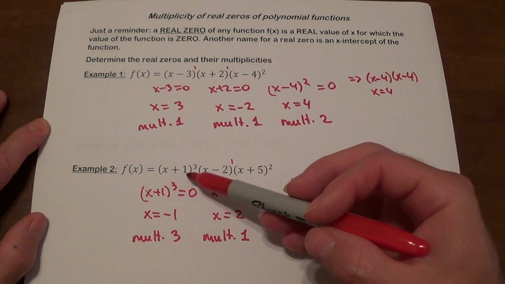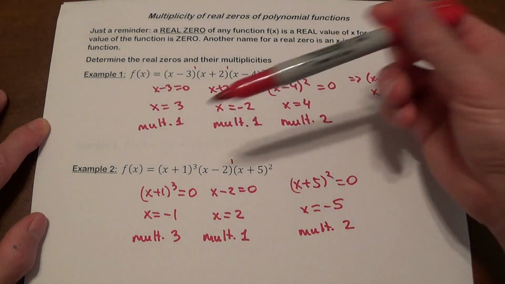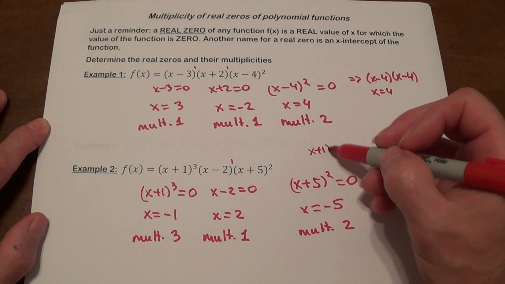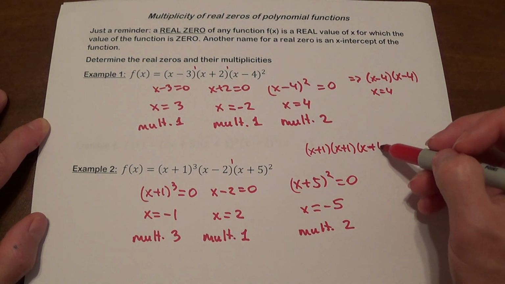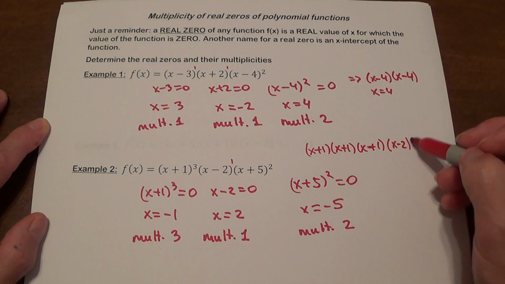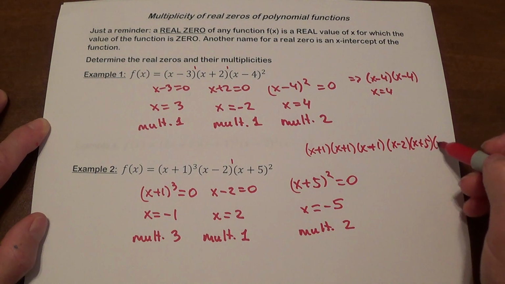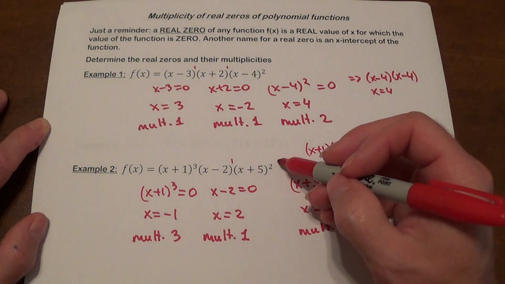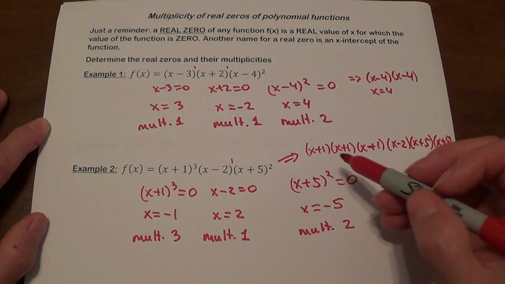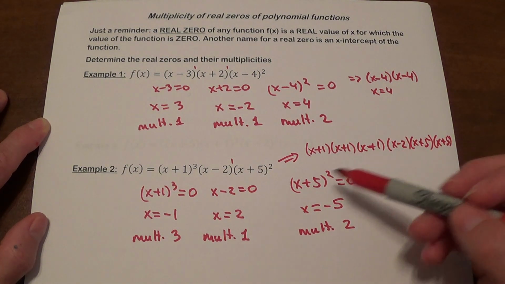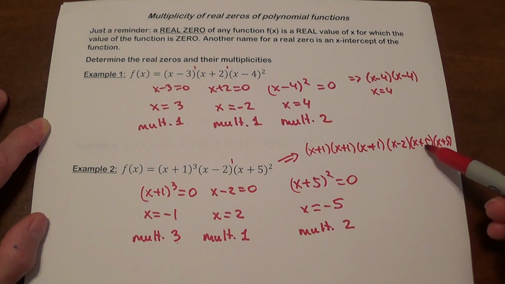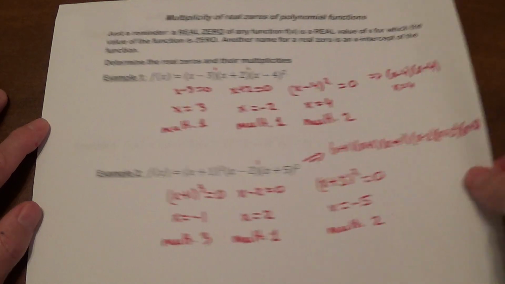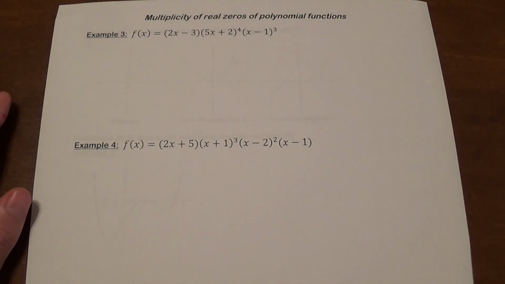So if you were to write it out without the exponents, you're going to have to write x plus 1 times x plus 1 times x plus 1 times x minus 2 times x plus 5 times x plus 5. This would be the same as this polynomial here, and you see that x plus 1 is used 3 times, so multiplicity is 3. X minus 2 just once, multiplicity is 1, and x plus 5 we use twice, so multiplicity is 2.